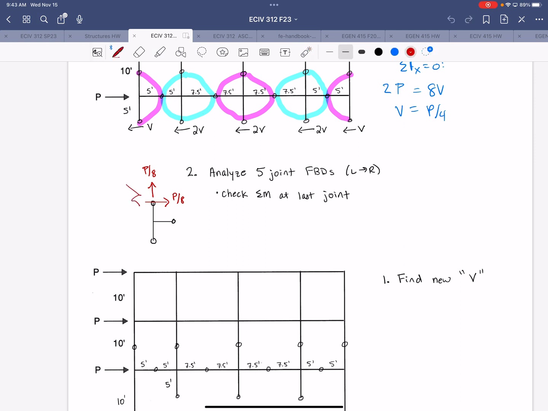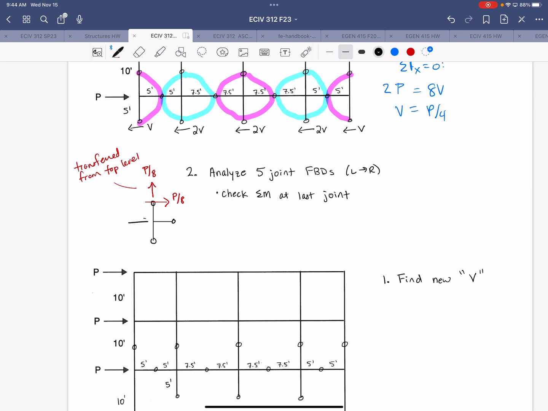So those are transferred from top level. And that's why it's so important to make sure that your top level forces are correct before moving on to the next level, because you use those top level forces in this analysis, right?